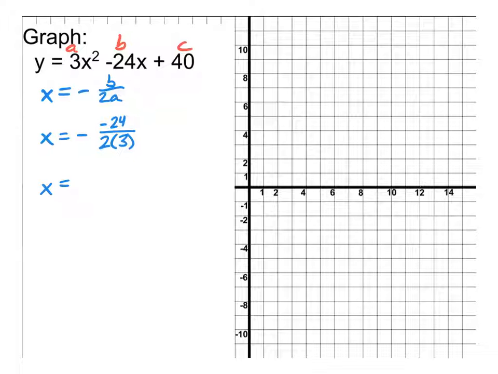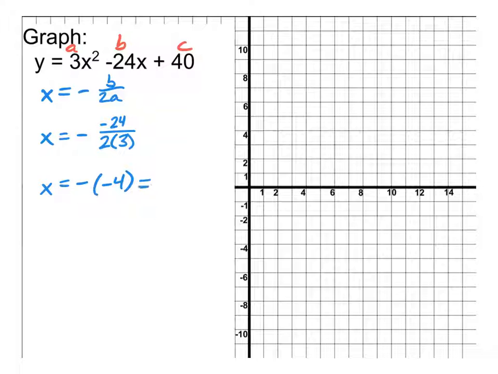And you're actually better off not even using your calculator here. So let's actually see why that would be. So the negative is still the negative, and I'm going to do negative 24 divided by 2 times 3. Notice I got to do the 2 times 3 first. So 2 times 3, of course, is 6. Okay, so what's negative 24 divided by 6? Yeah, negative 4.